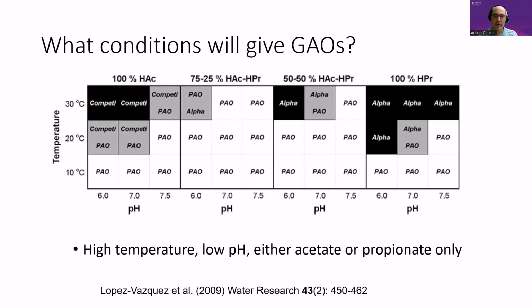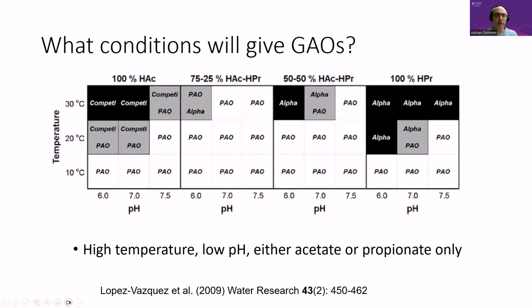This was a study looking at the impact of integrated POW-GAU models and the impact that acetate or propionate only, combinations of acetate and propionate, and then low or high temperature and pH had on the microbial community.